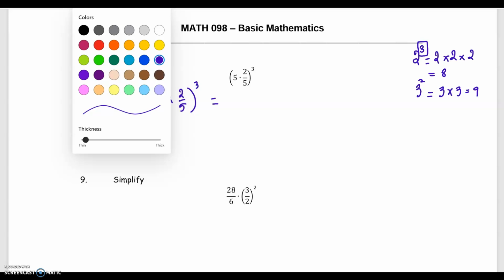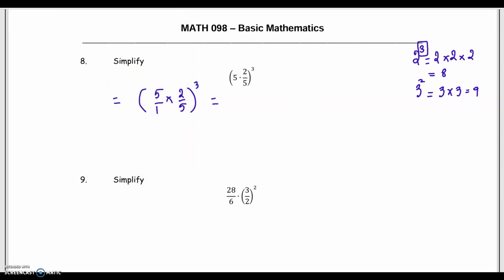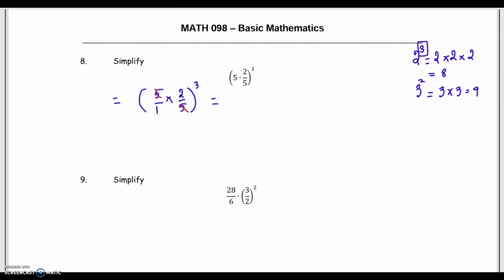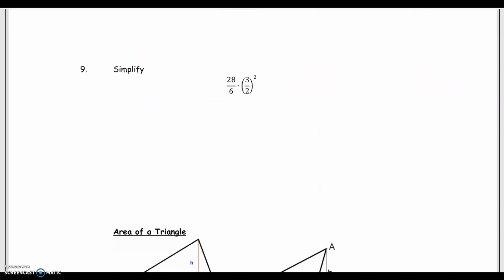Do not multiply the numbers before cancelling common factors. We clearly have a common factor, 5. 5 over 5 is a 1. And we are left with 2 inside and a whole cubed. 2 whole cubed is 2 times 2 times 2. Repeated multiplication of 2 3 times. And the final answer is 8.